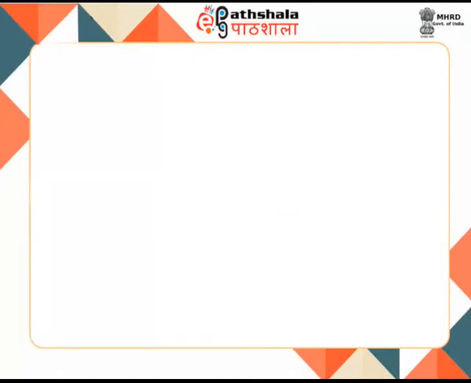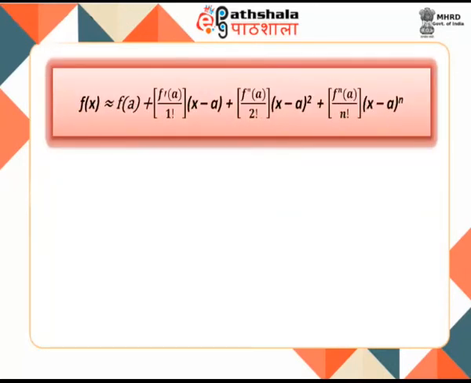Thus, we can write f of x is approximately equal to f of a plus f dash a divided by 1 factorial into x minus a plus f double dash a divided by 2 factorial into x minus a whole square, plus f n a divided by n factorial into x minus a to the power n.